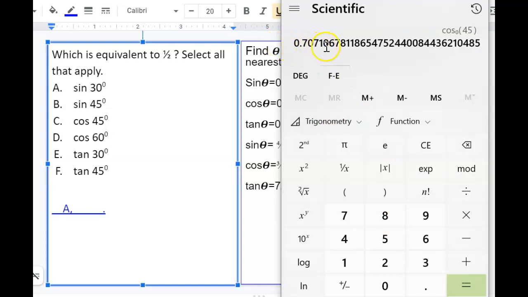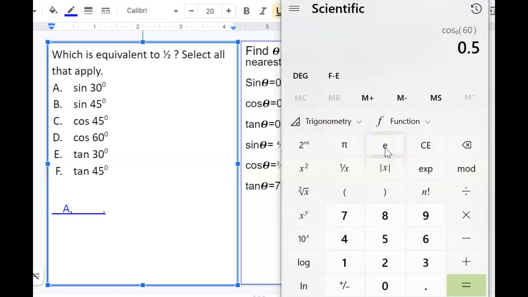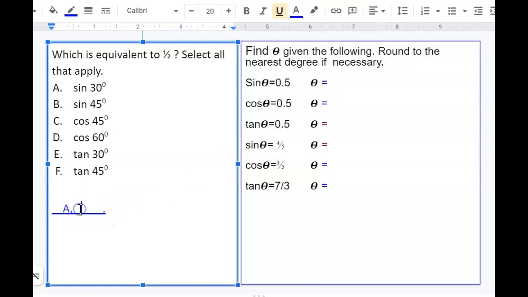It's 0.707, that's not 1/2, so that doesn't work. Let's try cos 60. So you type your 60, and then you click on trigonometry, and you click on cos. All right, cos 60 is 1/2, so that's one of our answer choices. 0.5 is the same as 1/2, so G works.